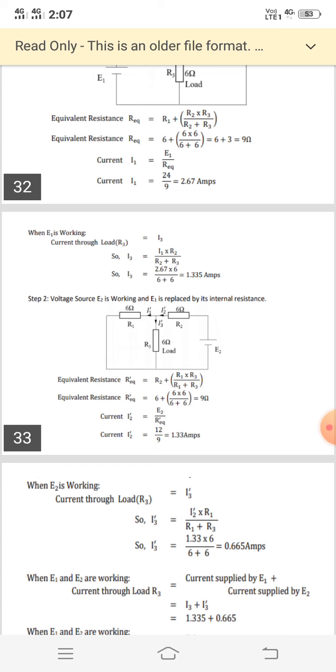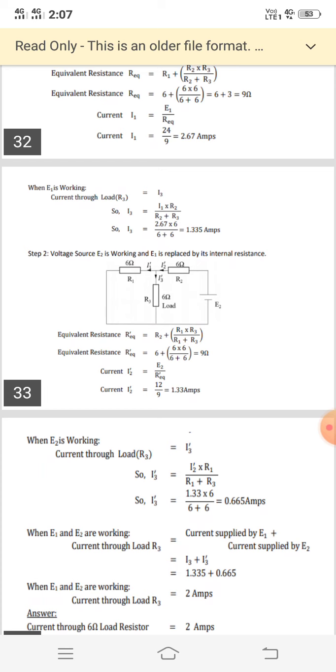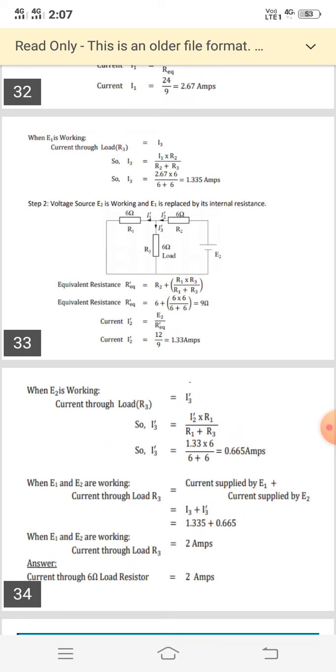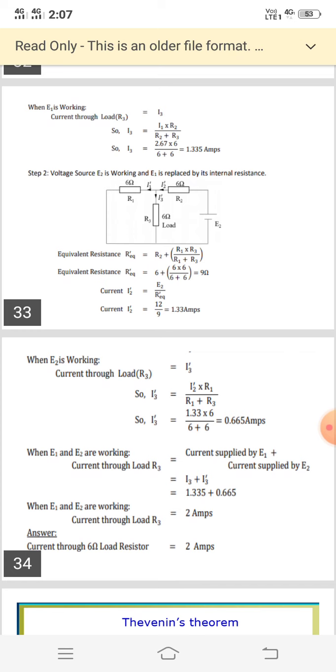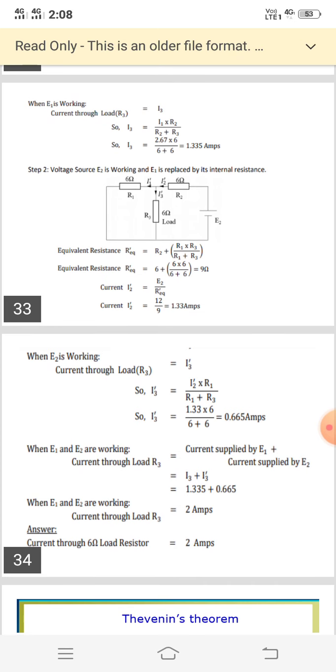Substituting the E2 value and the R equivalent dash value, we will get 1.33 amp. Then we move with the current division rule for I3 dash, which comes from I2 dash. So I3 dash = I2 dash × R1/(R1 + R3). Replacing these values, we will get 0.665 amps.